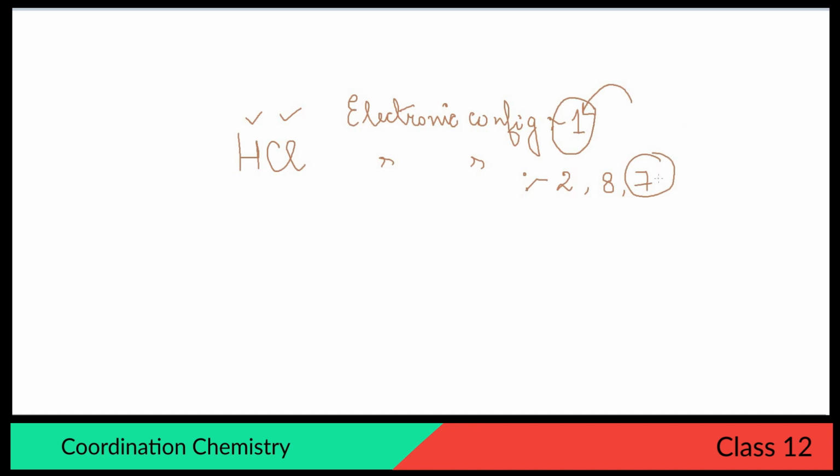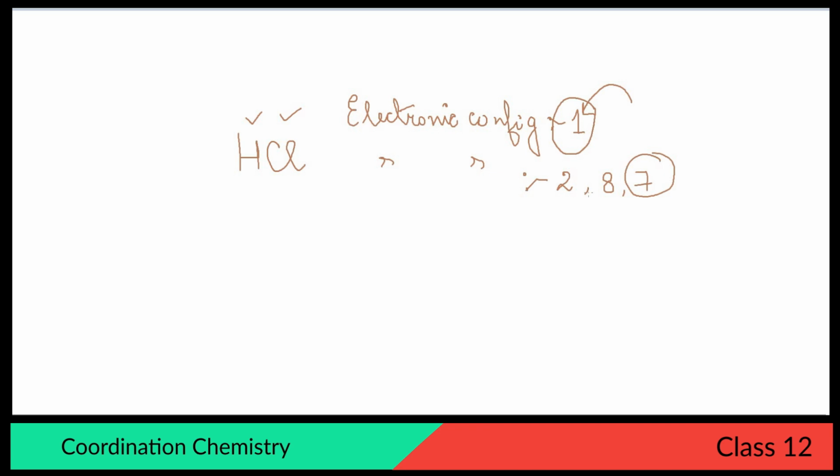Why? Because if chlorine gives 1 electron, then it would have 6 electrons in its valence shell, again violating the octet rule, right? So, in no way can HCl form an ionic bond because of lack of contribution from its surrounding atoms, as well as it itself cannot do anything in order to satisfy octet or duplet rule, right?